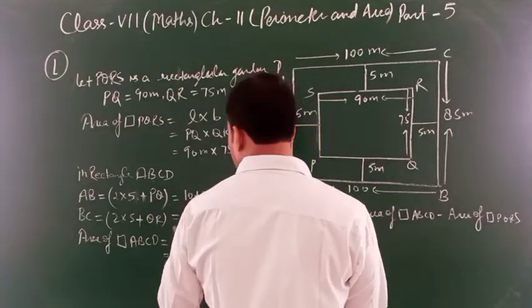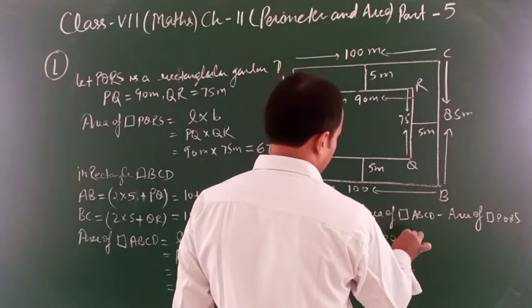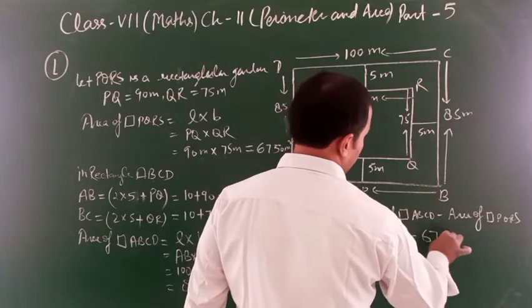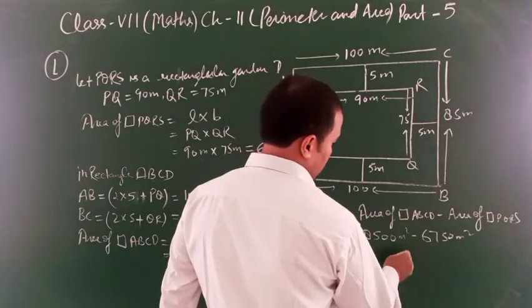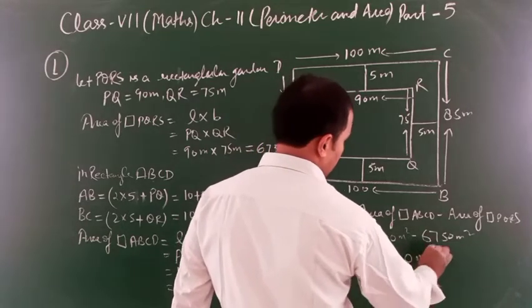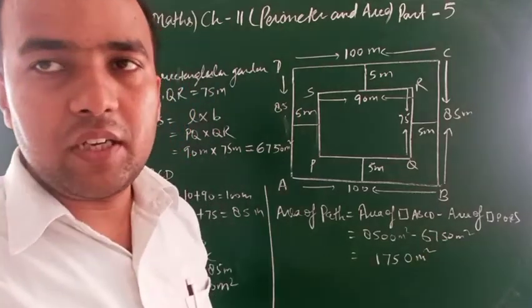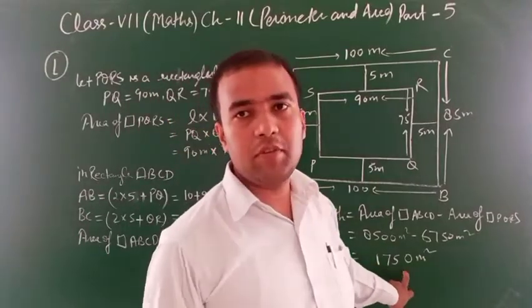ABCD means 8500, PQRS means 6750, means area of path is 1750. So area of path is 1750 meter square.